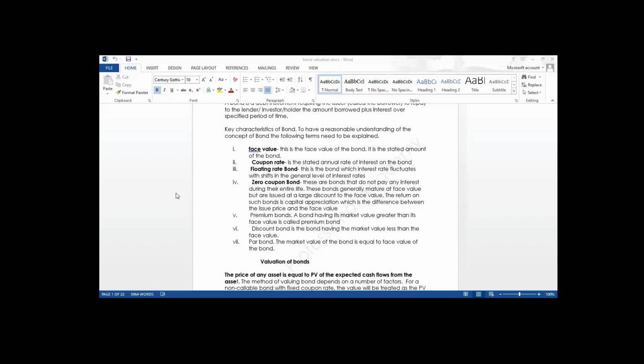In this case, you are going to identify the expected cash flows from the convertible bond. What are these cash flows? Annual interest from year 1 to maturity.